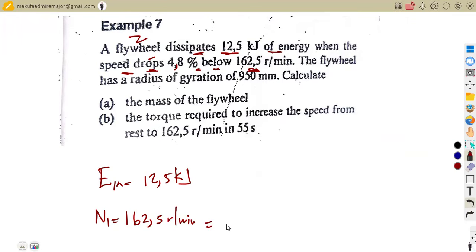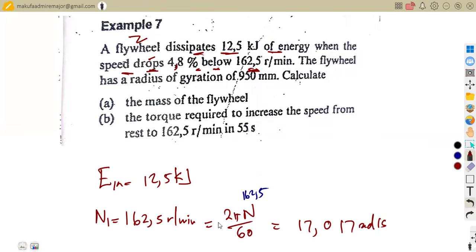It's going to be 2 pi n over 60. So if you use 2 pi n over 60 with 162.5, this will give us 17.017, something like that, rad per second.